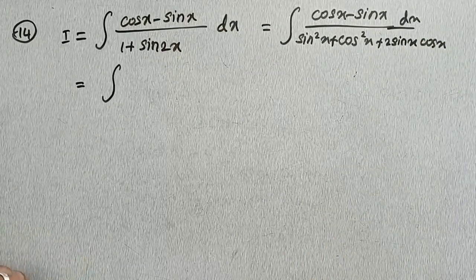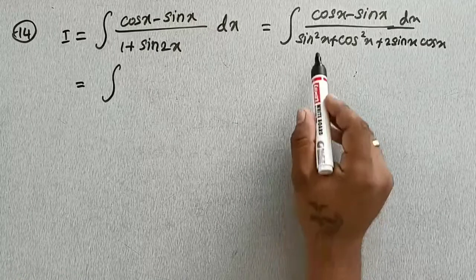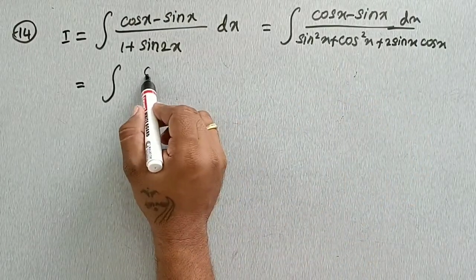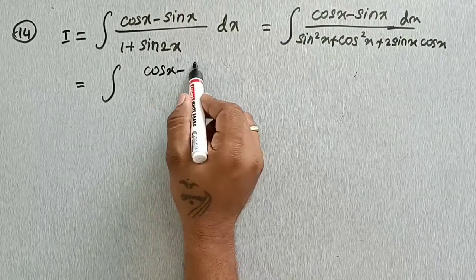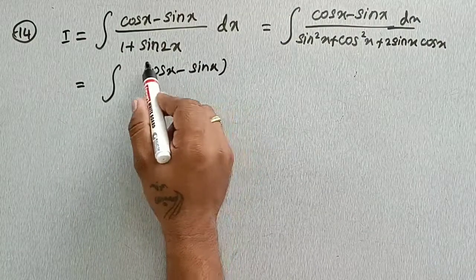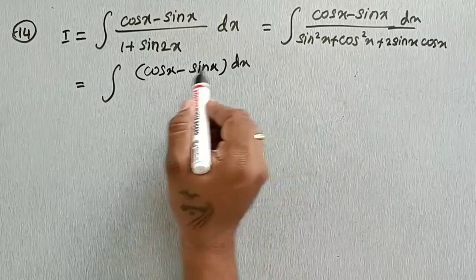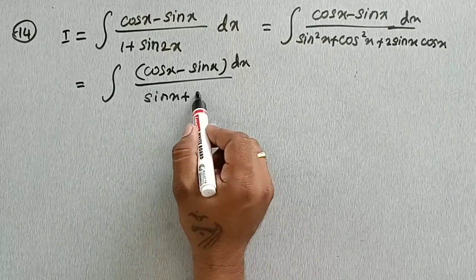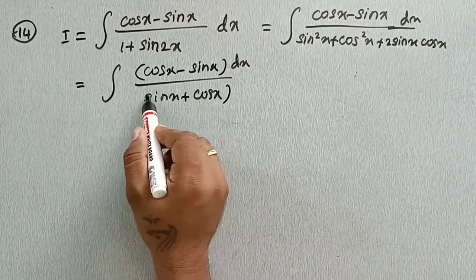Clear? Now I am going to write this a square plus b square plus 2ab, that is a plus b whole square. So the numerator will be cos x minus sin x into dx, denominator will be sin x plus cos x the whole square.